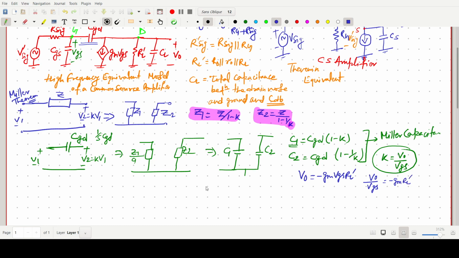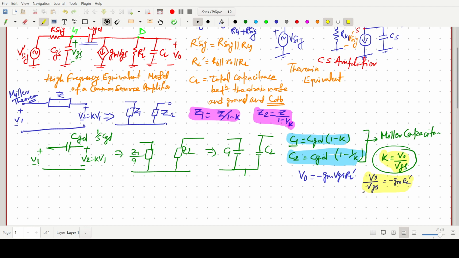Okay, I will give this link for Miller theorem. So for the time being, you just focus that the capacitance is modeled C1 equals CGD(1 - K) and C2 equals CGD(1 - 1/K), where K is our V0 by VGS.